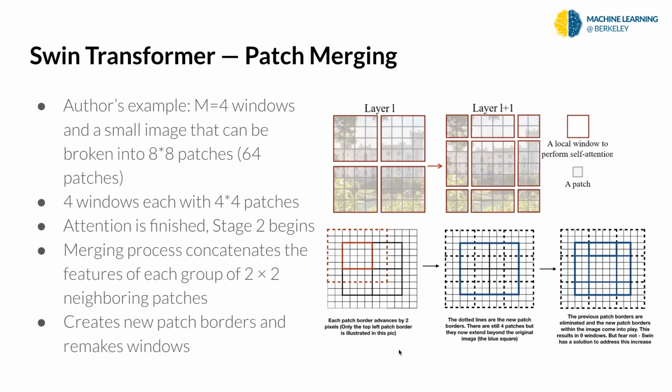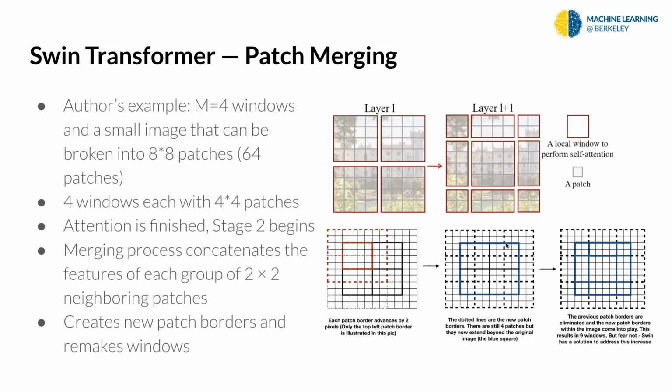We can walk through this process. As you can see here, we have our initial image, and in red here, an initial patch. The first step is to expand this patch by 2 pixels each. So we are essentially padding our image and increasing this window in a 2 by 2 frame.